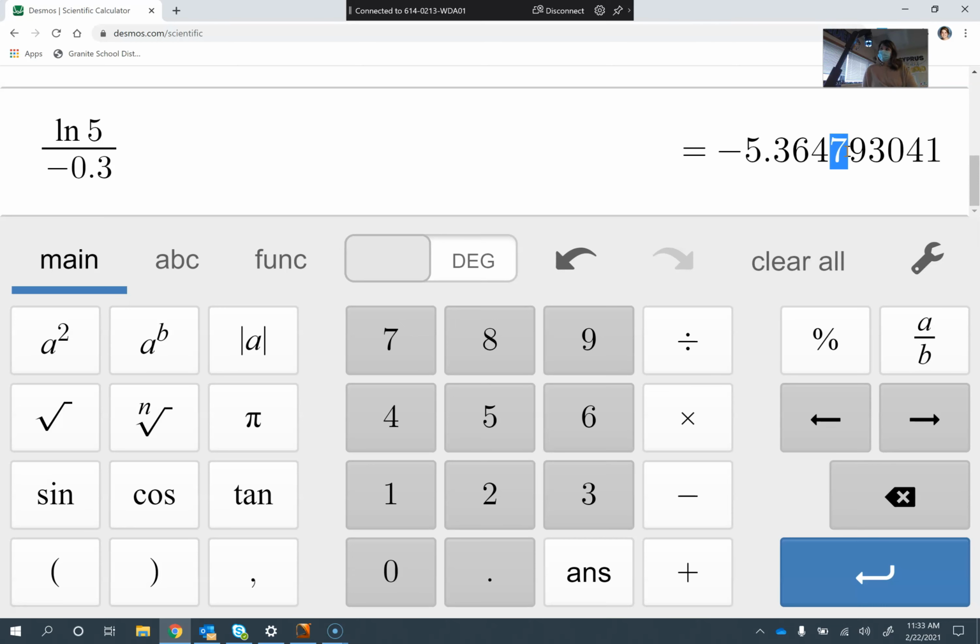And then our next step would be to take the natural log of both sides. So these simplify, and on the left-hand side, you're left with x plus 1.